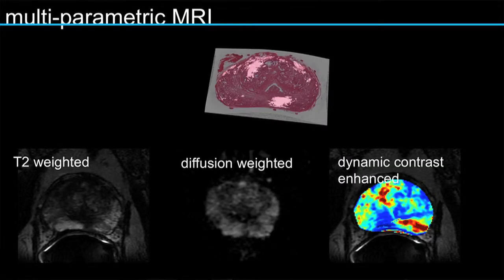Along this line, we've been working with the go-to imaging technique for detecting and localizing prostate cancer, and currently this is multi-parametric MRI. The most investigated pulse sequences are T2-weighted imaging, diffusion-weighted imaging, specifically apparent diffusion coefficient maps, and also dynamic contrast enhanced MRI.